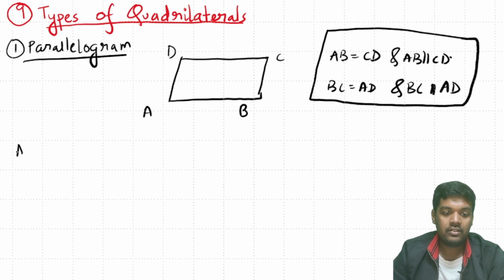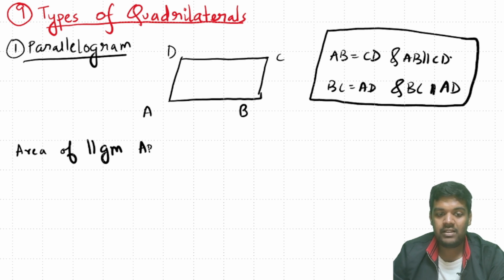So if these two properties are satisfied, then it is a parallelogram. Now area of parallelogram. So parallelogram is also denoted like this. Area of parallelogram ABCD equals AB into BC into sine theta. Product of two consecutive sides and the angle between them, right? Sine theta. If this is theta, so this is my area.